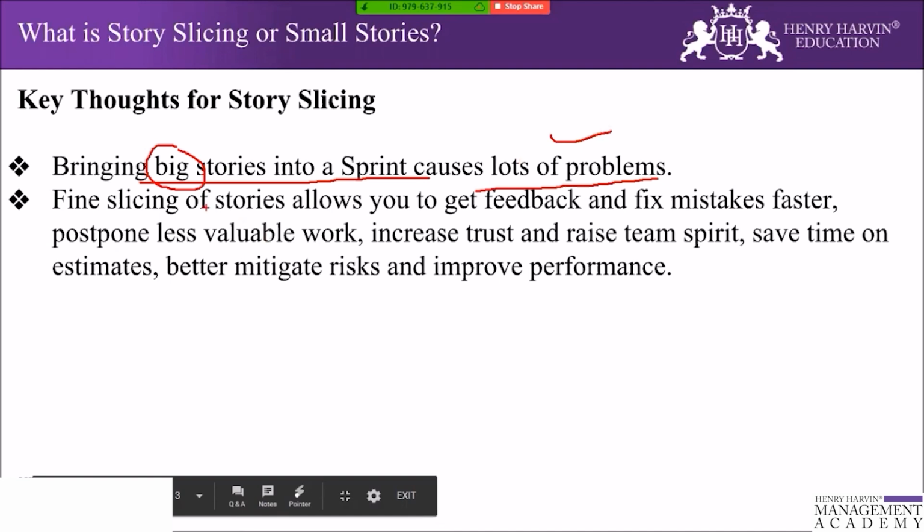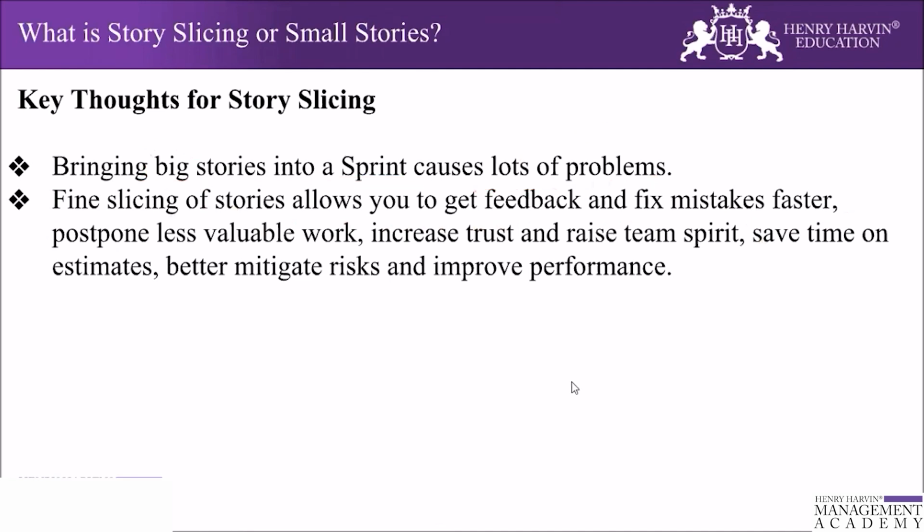Another thing is that fine slicing of stories allows you to get feedback and fix mistakes faster. It postpones less valuable work, increases trust, raises team spirit, saves time on estimates, better mitigates risk, and improves performance over a period of time.